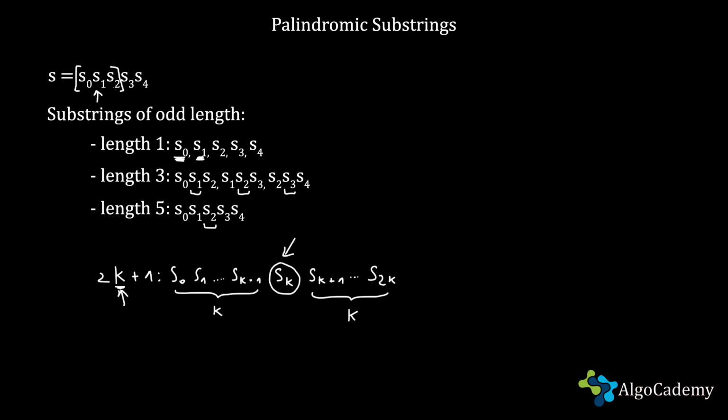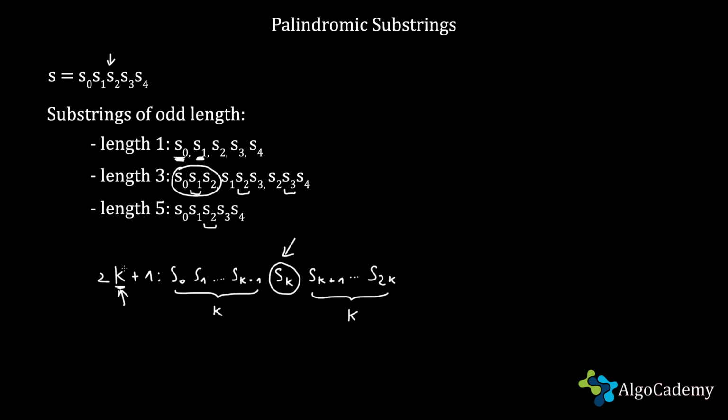So S0, S1, S2, which is here. So I've taken also this into account. Then I can try out K equals 2, which means length 5, 2 to the left, 2 to the right. It won't work because I don't have two characters to the left of S1. Awesome. So I finished all the odd length substrings with the middle character in S1.